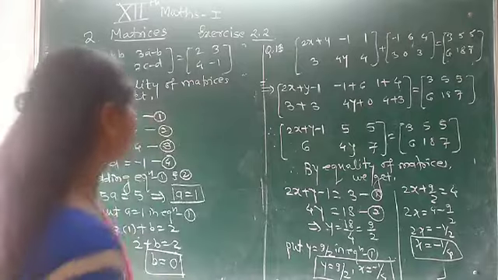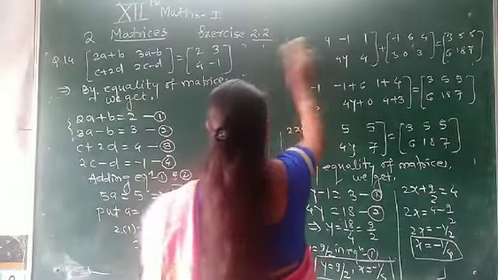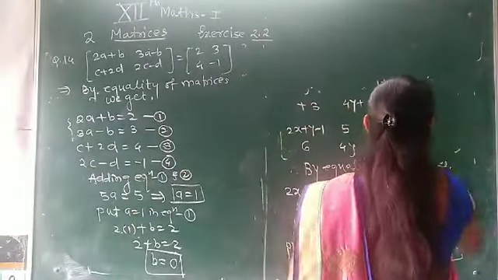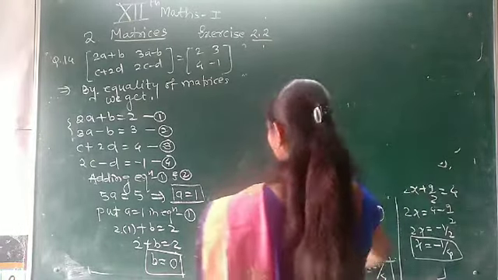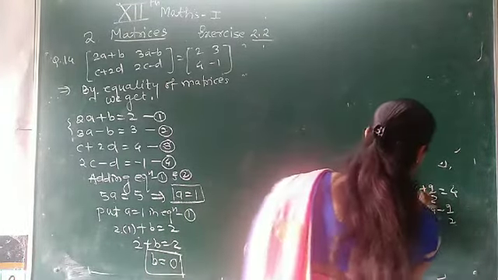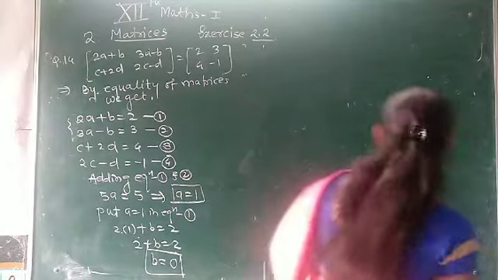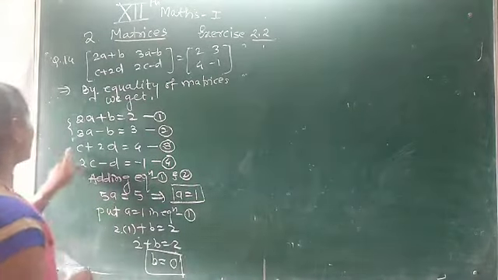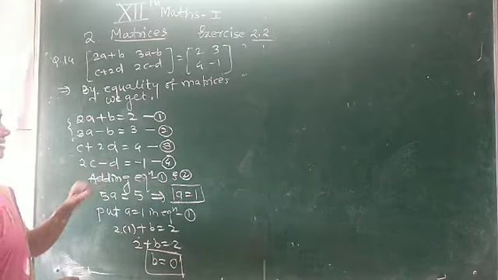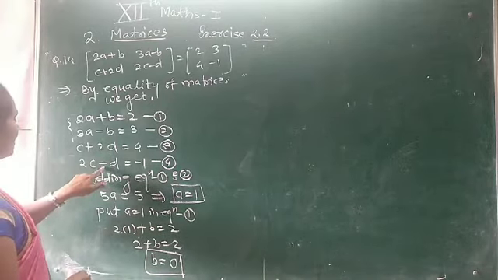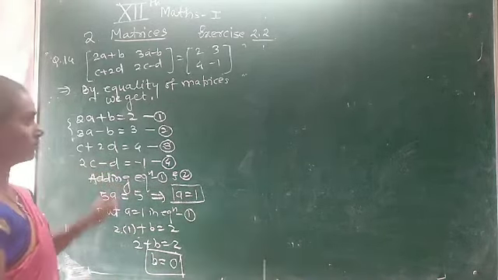Now solve equation 3 and equation 4. Here c plus 2d and here 2c minus d. So here we multiply equation 4 by 2.